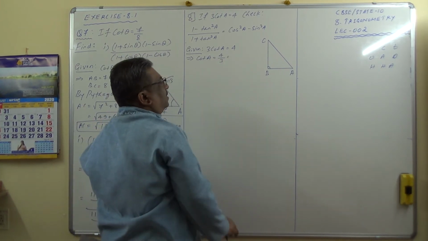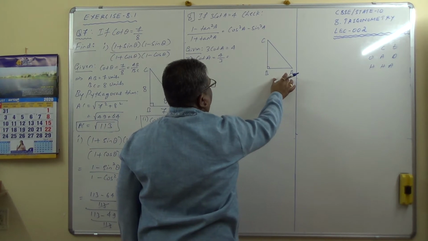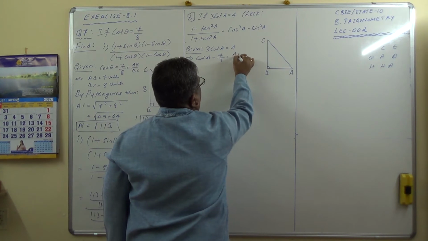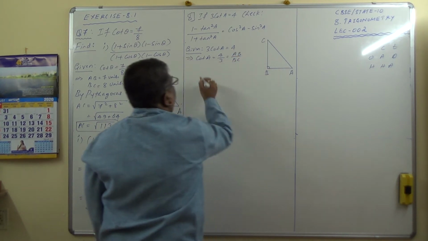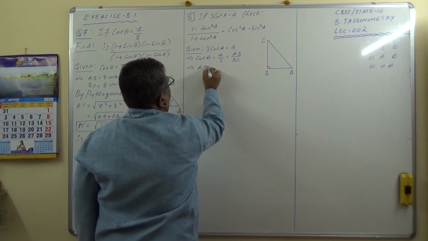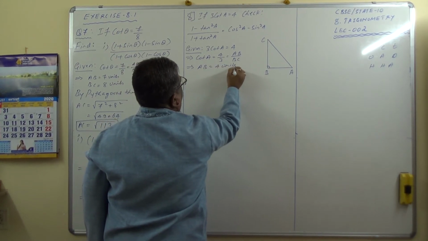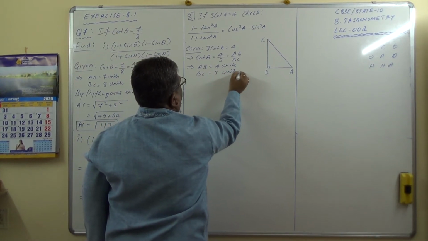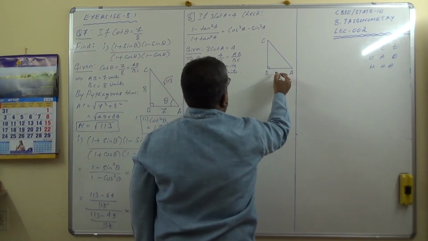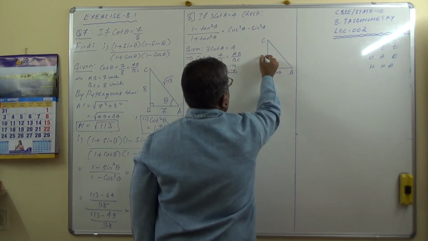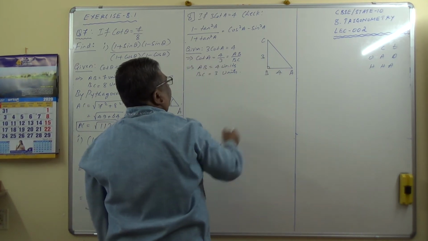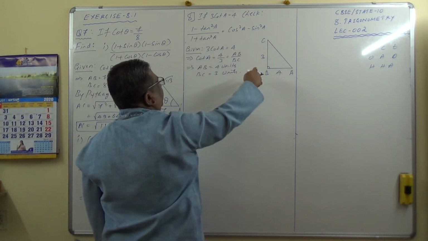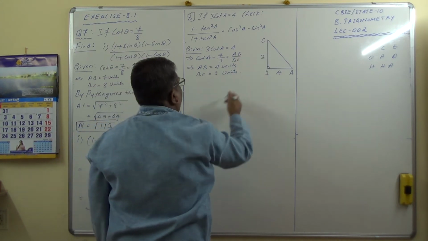Cot of A equals adjacent by opposite, AB by BC, implies AB equals 4 units and BC equals 3 units. AB is 4 and BC is 3. So definitely AC should be 5 units. All the ratios are there, therefore I'll find it by Pythagoras theorem also.